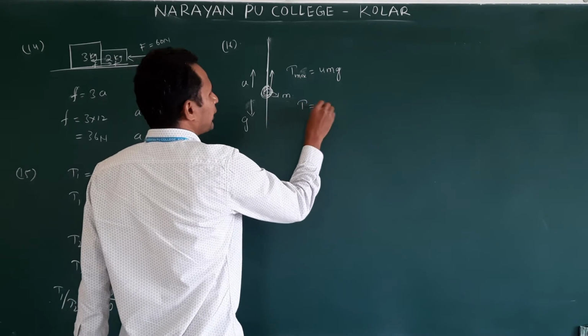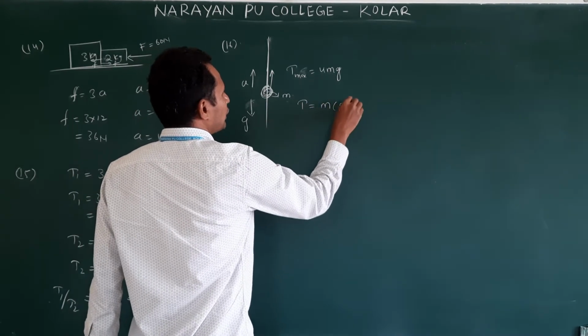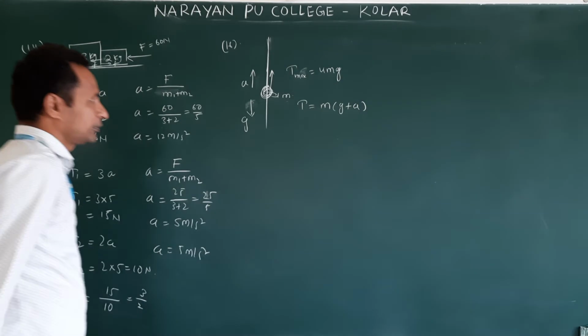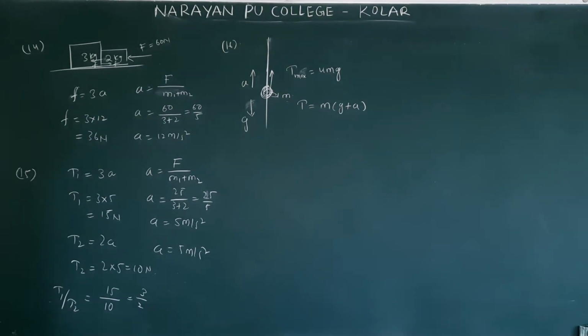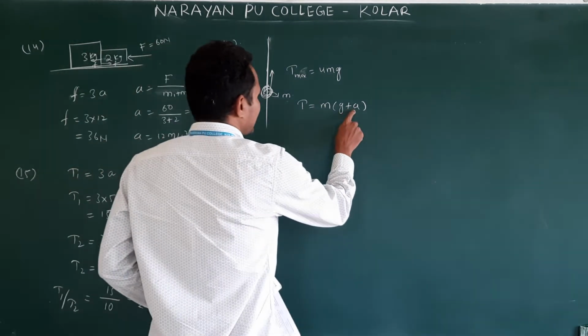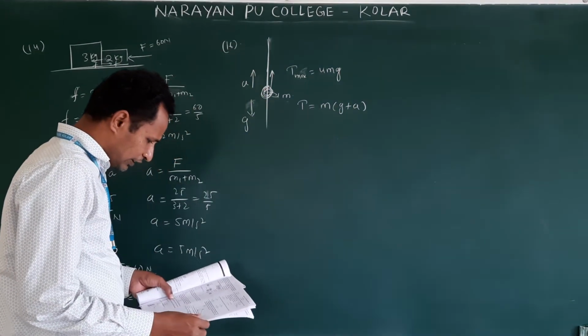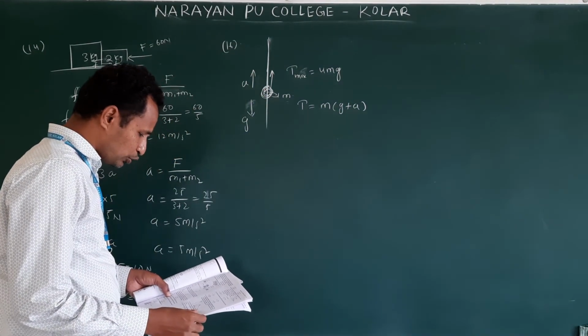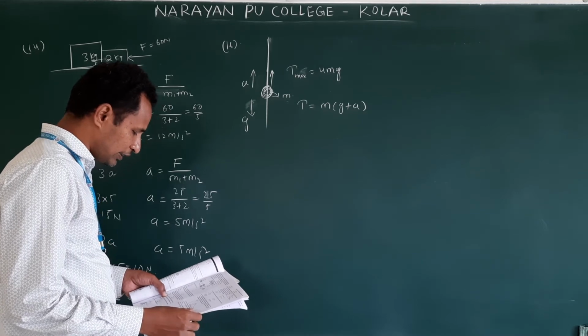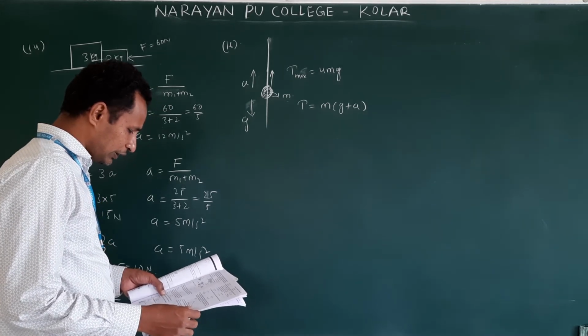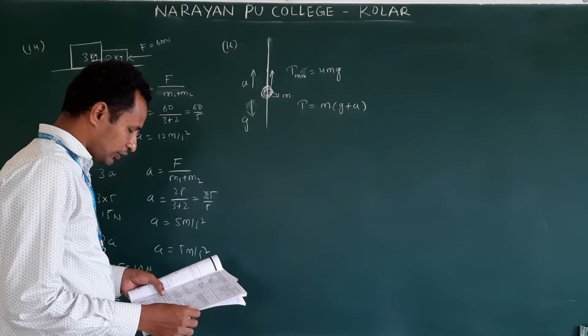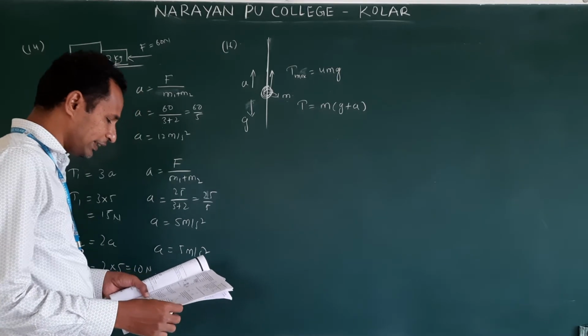Then T will be m into g plus A. Okay? So they are asking for this acceleration, right? The maximum acceleration with which the sphere can move up without breaking the cord.